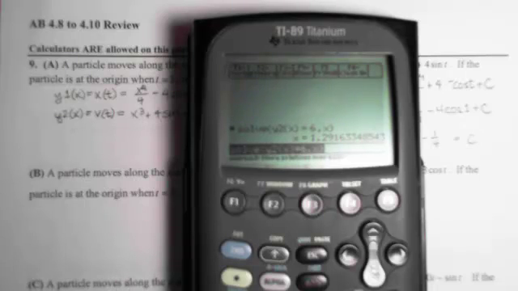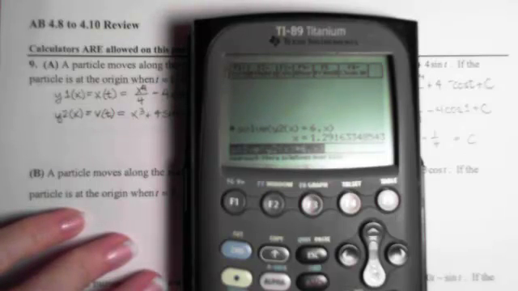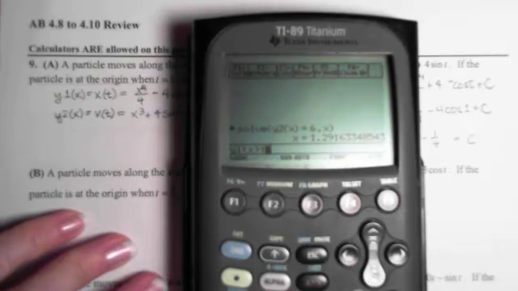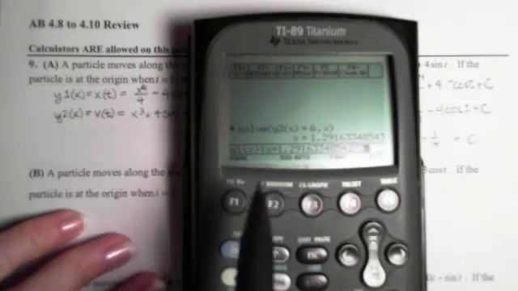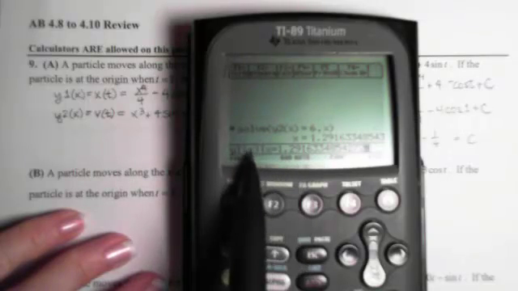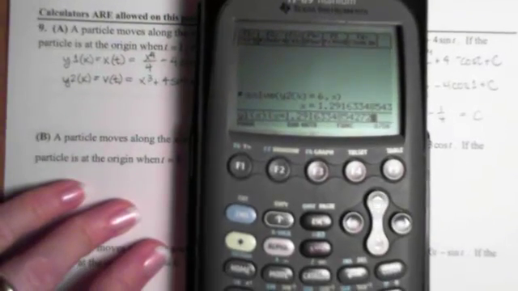So the question is, what's the position at that time? We have stored the position in the calculator in y1. So we can do y1 of x evaluated at the time we just computed. We can turn it black and hit enter. Now we will be plugging this value of x into the position curve we've stored in y1.